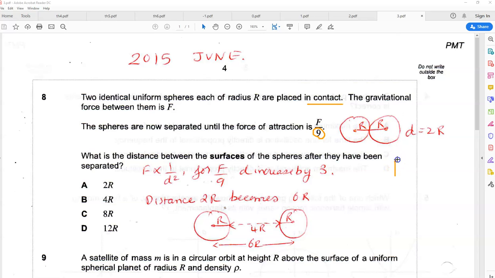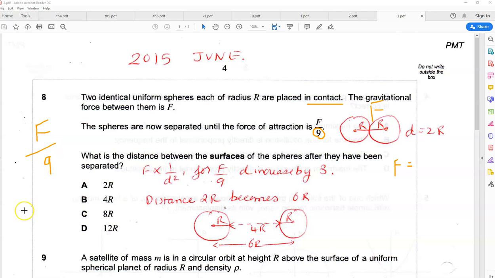You know that in Newton's formula, the distance is the center to center distance. It also says when they're touching each other, the force is F, and somehow the force has reduced to F by 9.